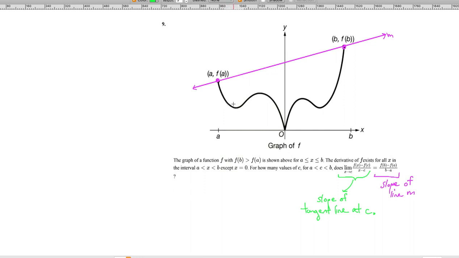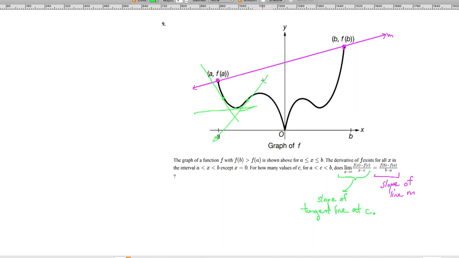So let's look at this curve on the left part of the y-axis. If I draw the tangent line at this point, it looks like that. If I draw the tangent line at this point, it looks like this. If I draw the tangent line at this point, it looks something like that.